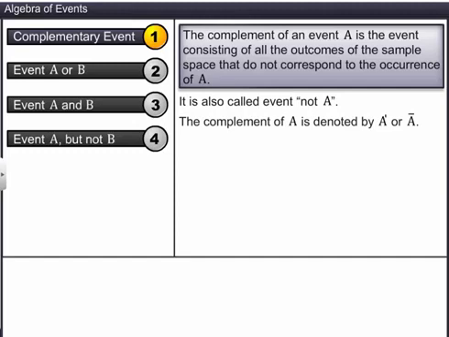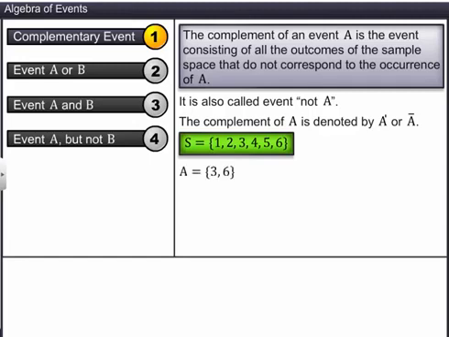Let's consider the sample space shown when a die is rolled. A equal to {3, 6} is an event, multiple of 3. Clearly, for outcome 1, event A has not occurred. However, we can say that not A has occurred. Similarly, for every outcome that is not in A, we can say that not A has occurred.